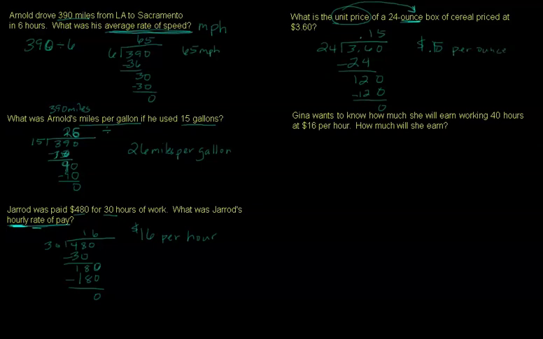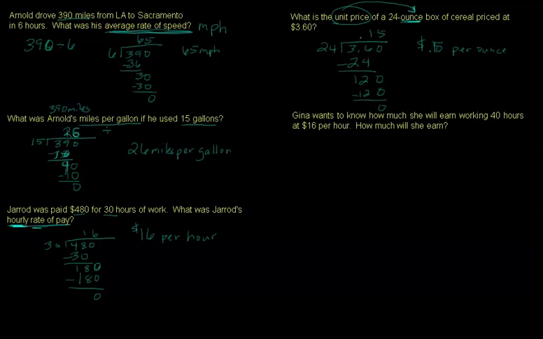We could compare if we had another, like a 32-ounce box that cost $4 and something, and figure out what the better buy is overall. So unit price is finding the price divided by whatever the unit is.